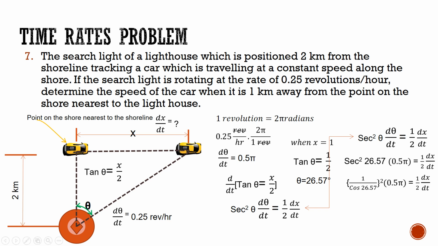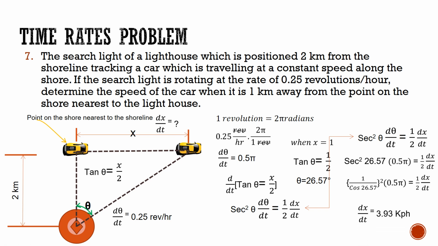That is why we converted this, and then secant here is squared, so the equivalent of secant is 1 over cosine 26.57, all of which are squared because secant here is squared. And then 0.5 pi, just copy the remaining functions.